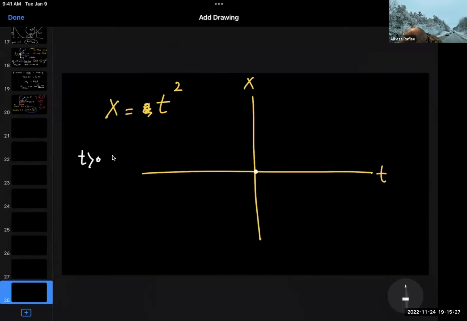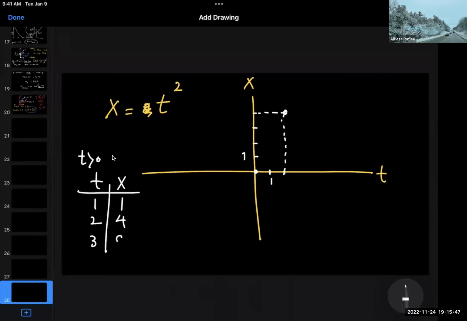When t is equal to 1, x is equal to 1. When t is 2, x is 4. When I use 3, then it would be 9.